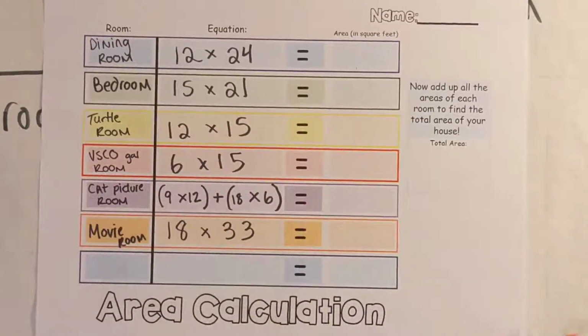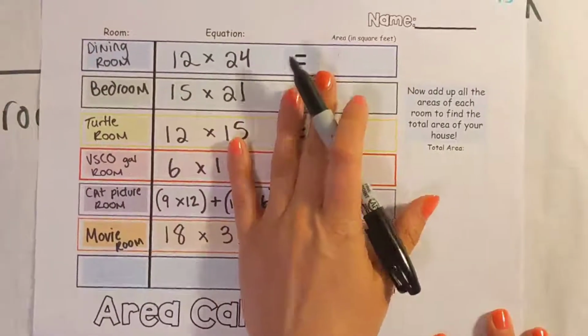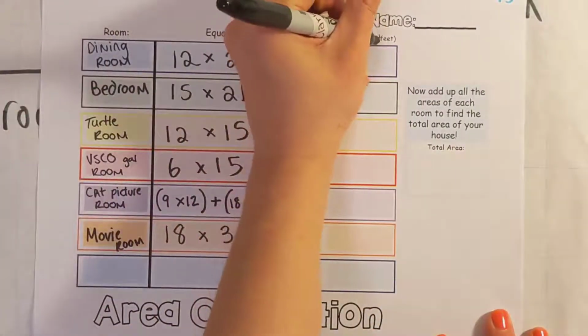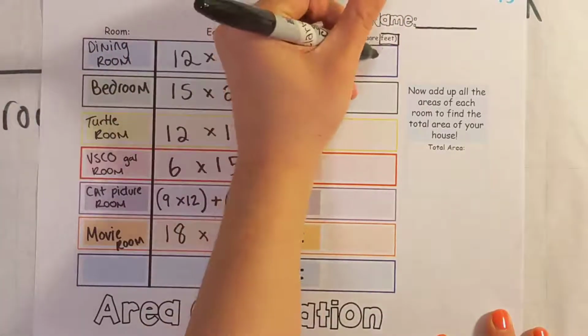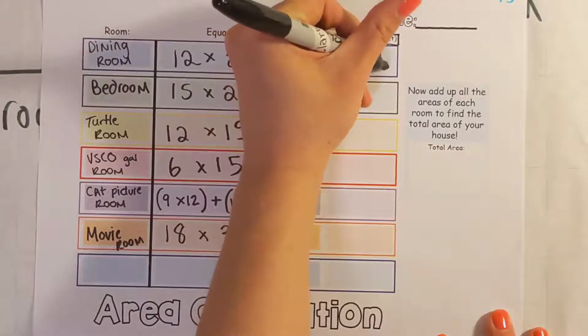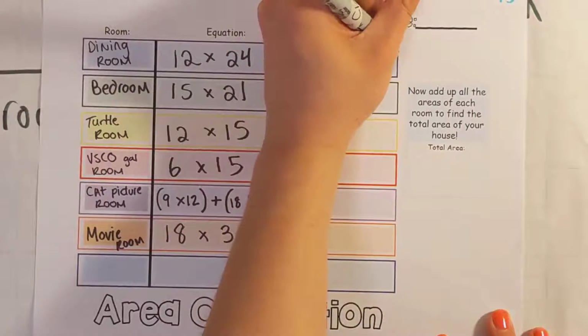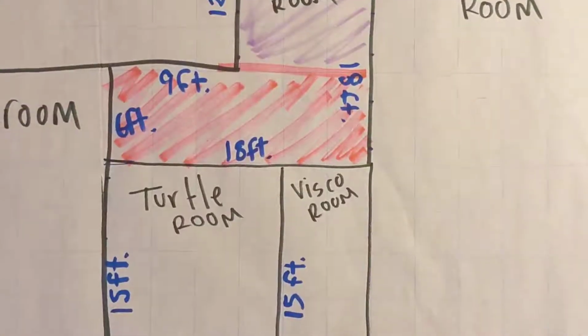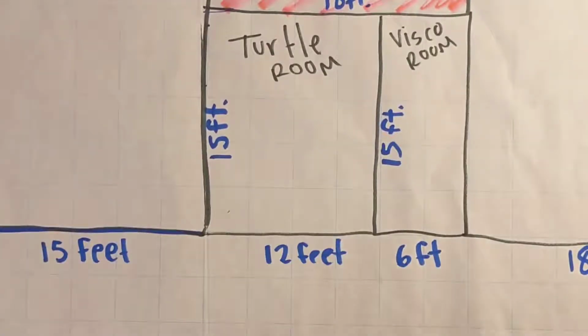So you would do them in any order you want, and then when you put your answer in, the unit is square feet. So you're going to write FT to abbreviate, period, squared. And the square shows that when we're talking about area. So let's look at the turtle room.